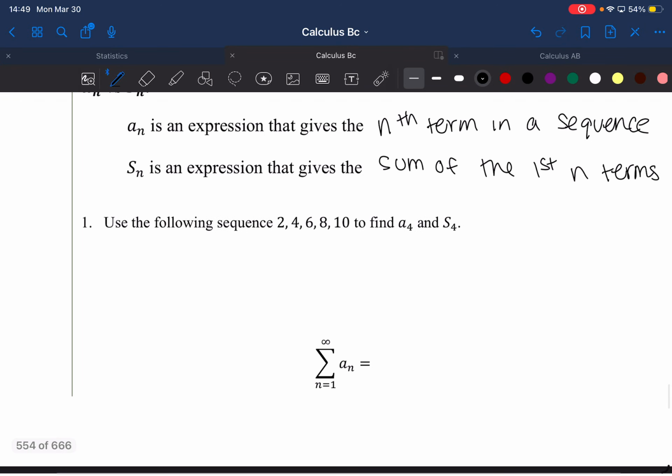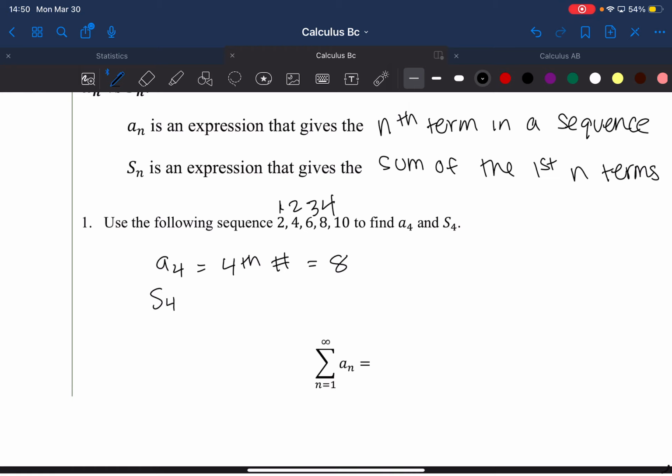So looking at the first example, it says use the following sequence 2, 4, 6, 8, and 10 to find a sub 4 and S sub 4. So a sub 4 means the fourth number, and that would be what? 8. That's the fourth number if we're counting starting at 2: this is 1, 2, 3, 4. Okay, 8 is the fourth number.